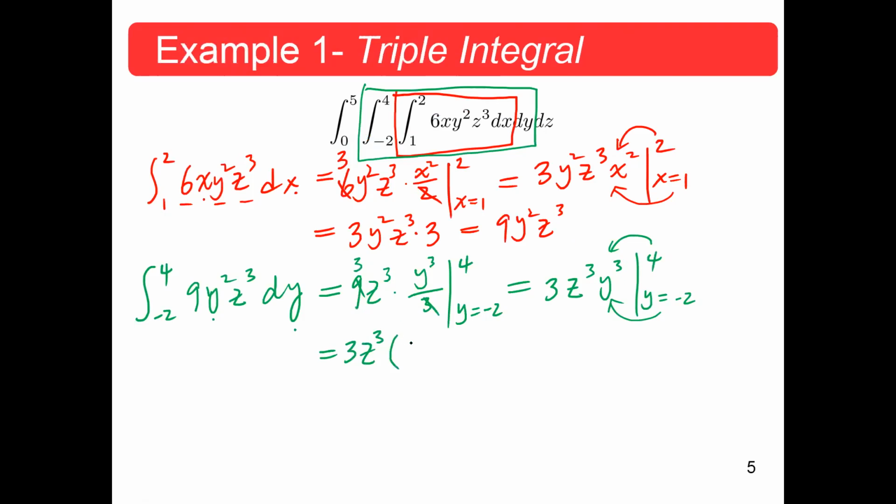When I throw the 4 in, I have 64. When I throw the -2 in, I have -2 cubed, which is -8. So that's 3z cubed times 72, which would be 216z cubed.